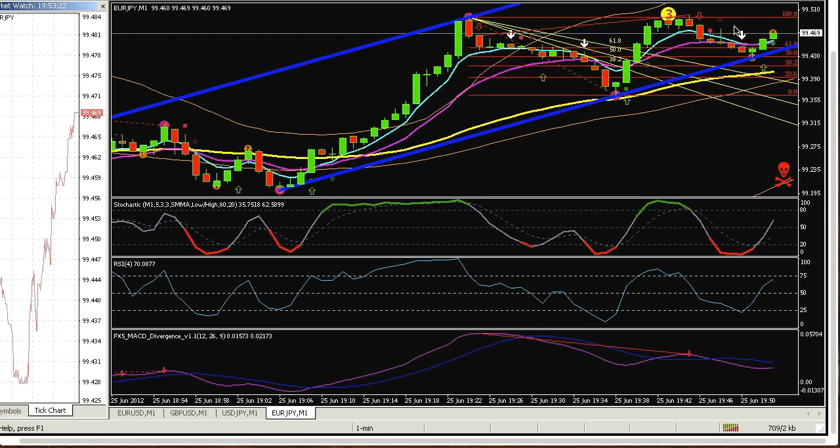My main pairs that I trade actively are the Euro USD, the GBP USD, the USD JPY, and then if, for example, 60-second binaries aren't available, I might trade the Aussie, the AUD USD, or I might trade the Loonie, the USD CAD, or sometimes the Swissy, USD CHF. But those last three are very rare. I don't really touch those because they don't offer 60-second binaries on those.